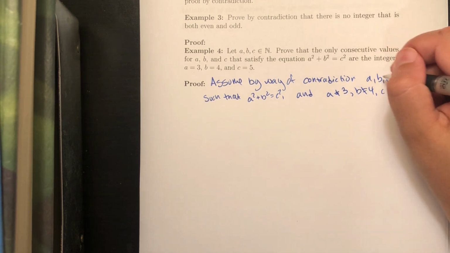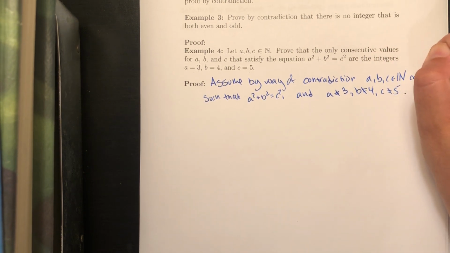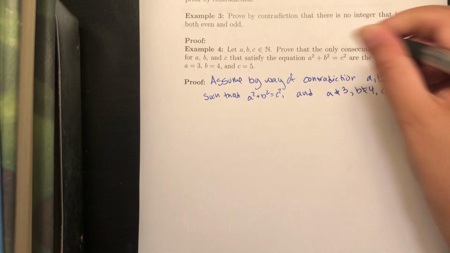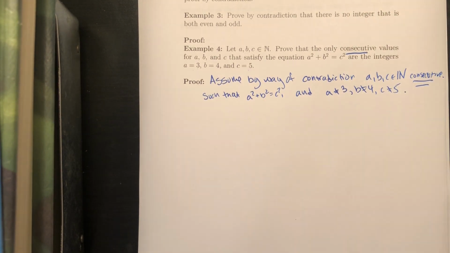Oh, I also need to note consecutive, right? This is the important part here, that these are the only consecutive a, b, and c values that satisfy this equation. Consecutive means right in a row, like 3, 4, 5, or 7, 8, 9, or 12, 13, 14.